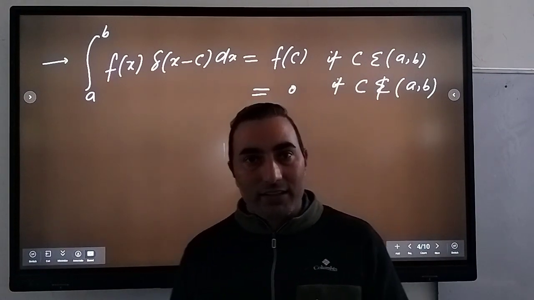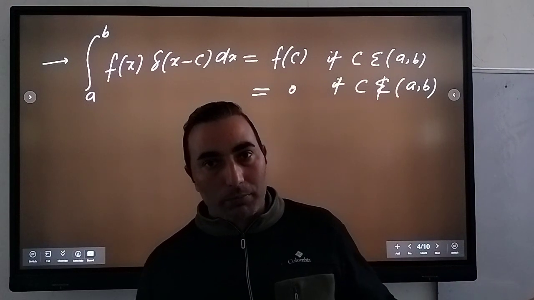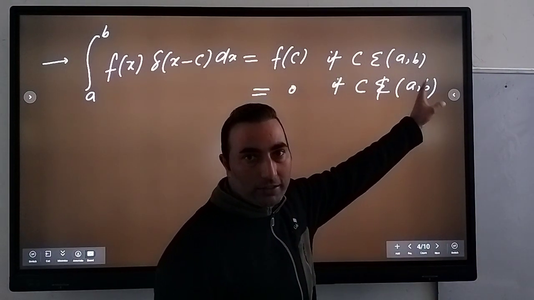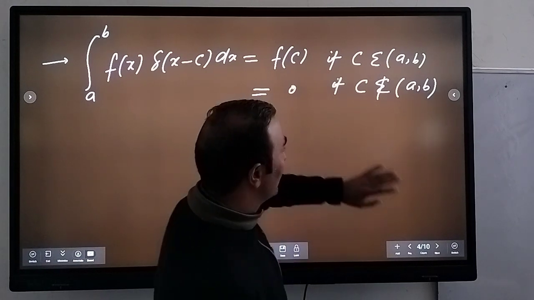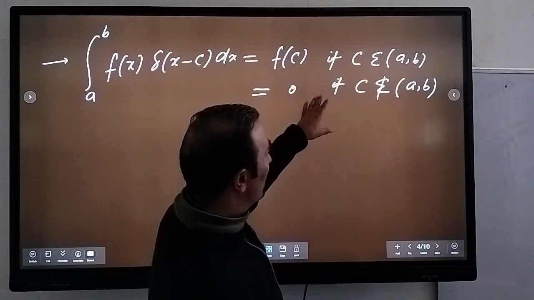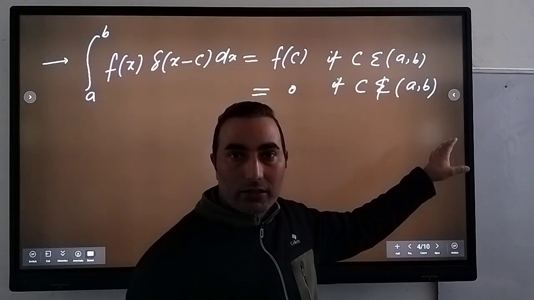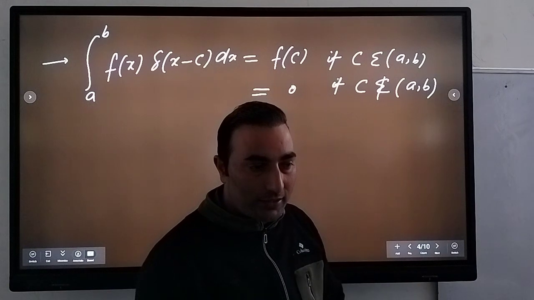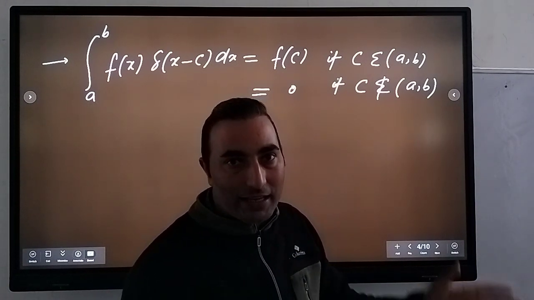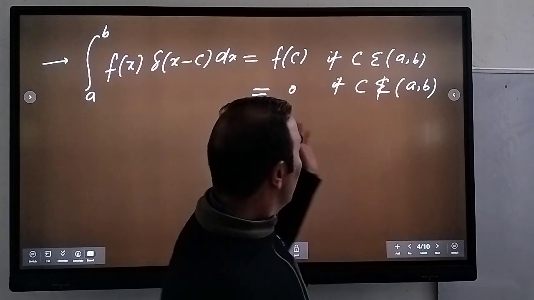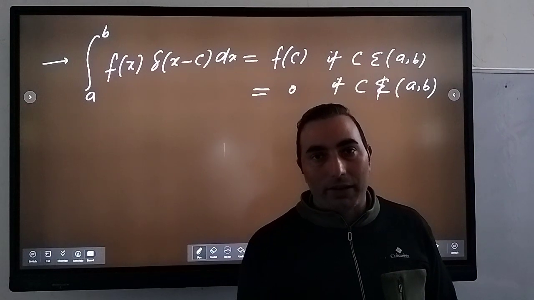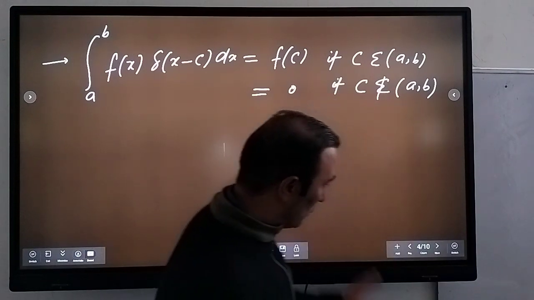If c doesn't lie between those two limits a and b, then the value of this integral will be equal to 0. I will give one example.